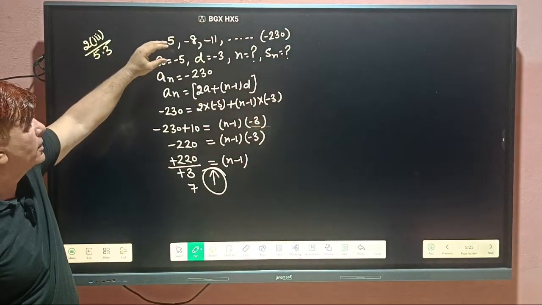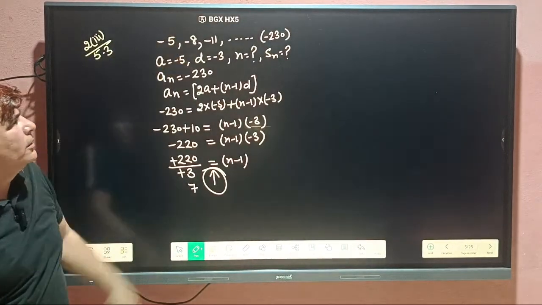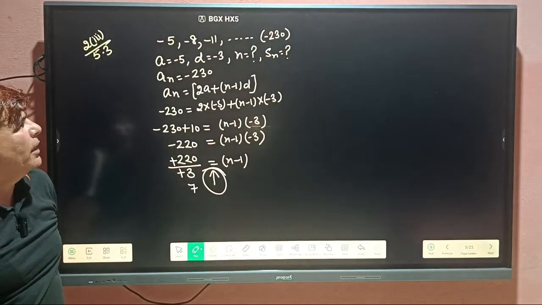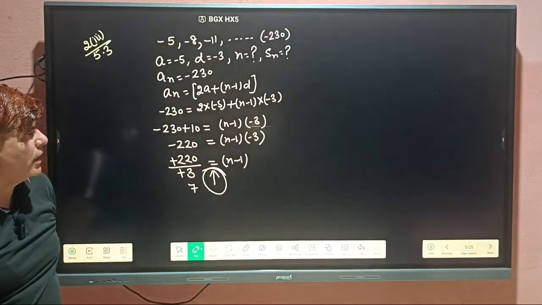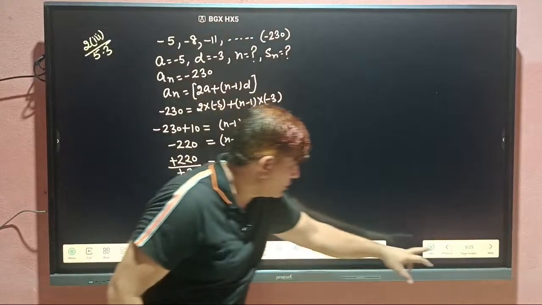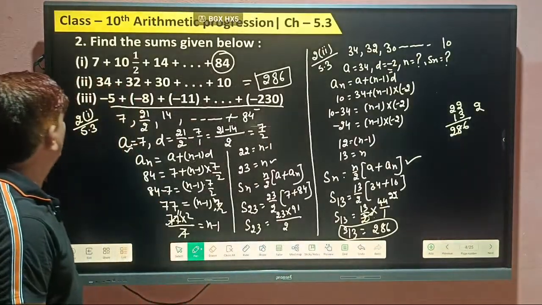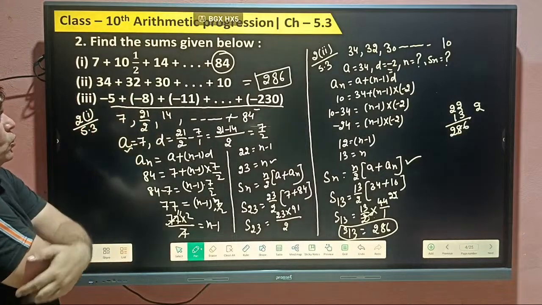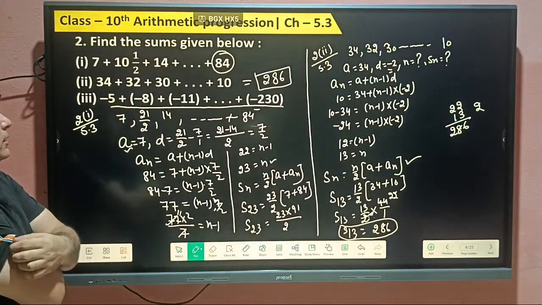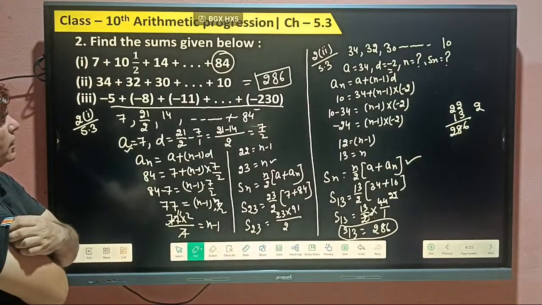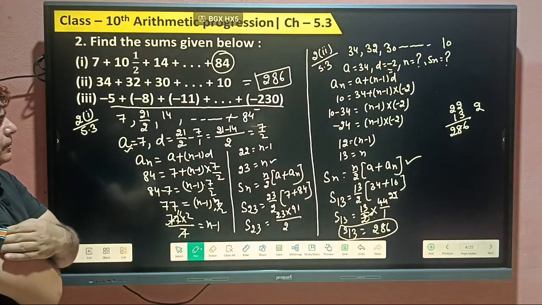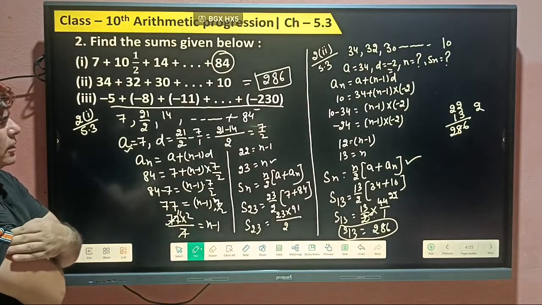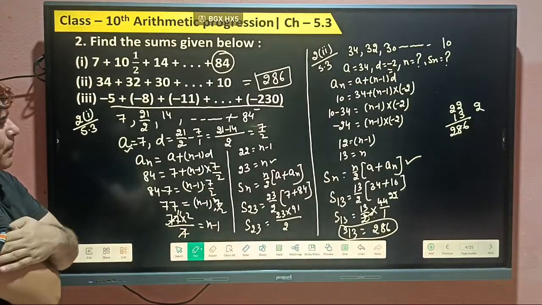a equal to minus 5, d equal to minus 3, n we have to find, S_n. So check one time: minus 5, minus 8, minus 11, minus 230. Minus 230 is given. 30, then what's left? 20.